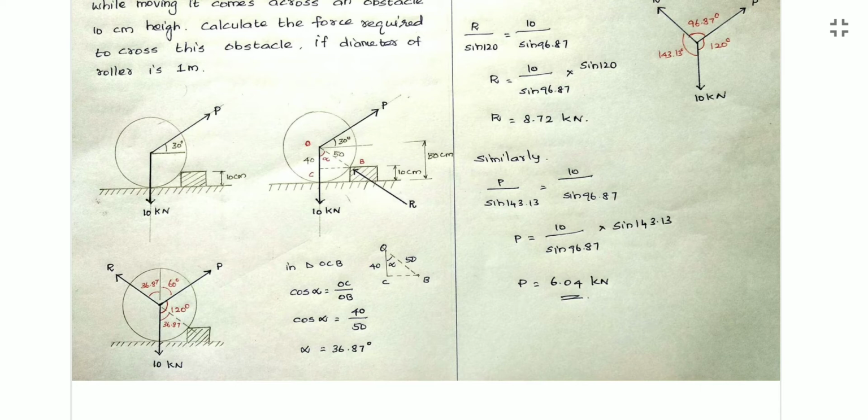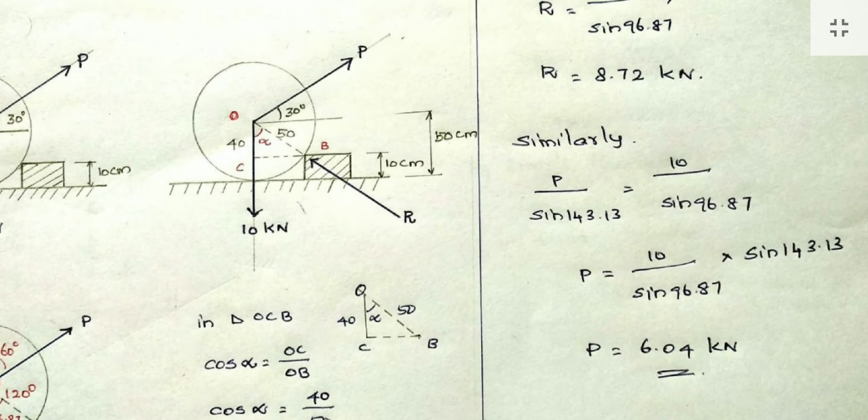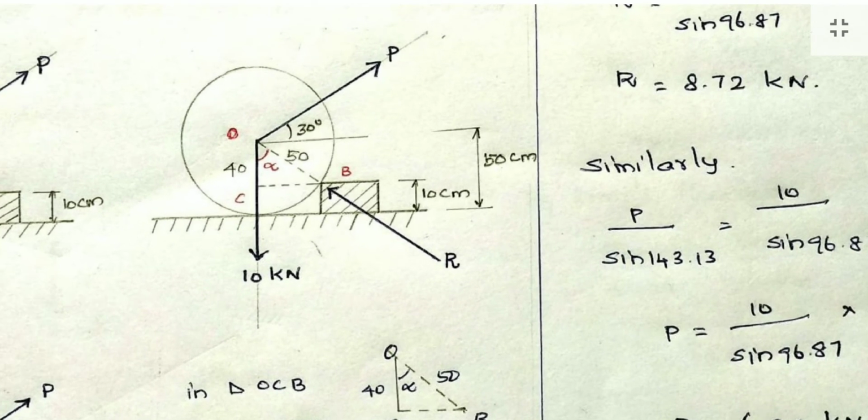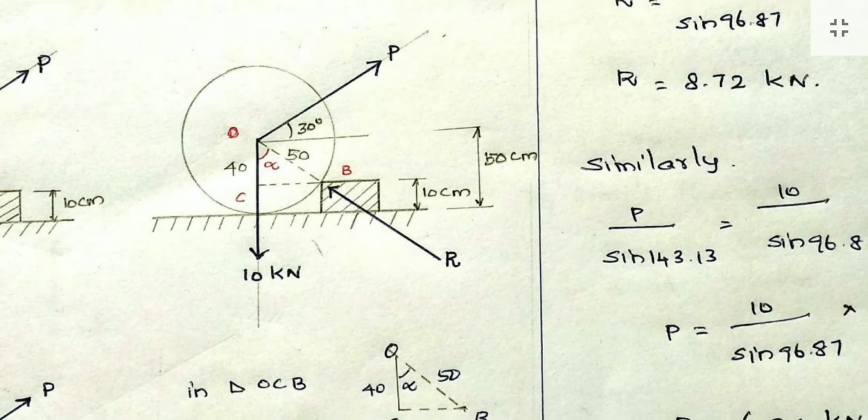So here we need to find the angle. One angle is 30 degrees, but we need to find the value of alpha. So how to find the value of angle alpha?